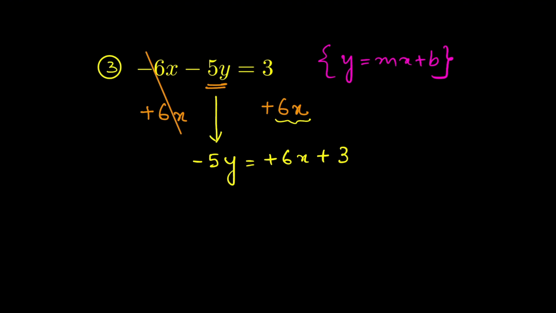Now again we rewrite this equation so that we can see the division properly. To isolate the y value, we have to divide all the terms by negative 5. So we divide all terms by negative 5.